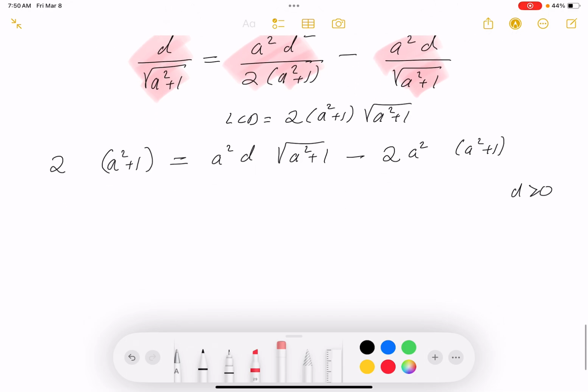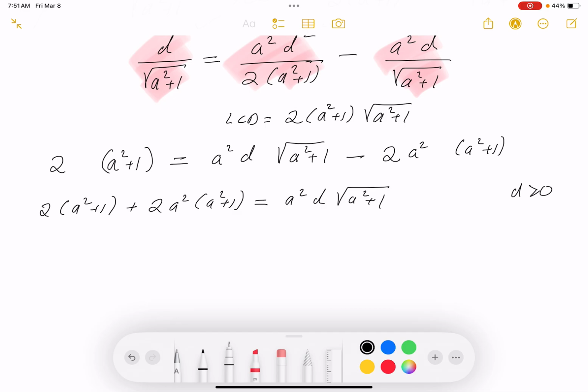And what I want to do is, I'm still looking at this, and I want to collect things that look like they belong on one side. So I'm going to say it's 2 times (a squared plus 1) plus 2a squared plus 1 equals a squared d times the root of a squared plus 1.